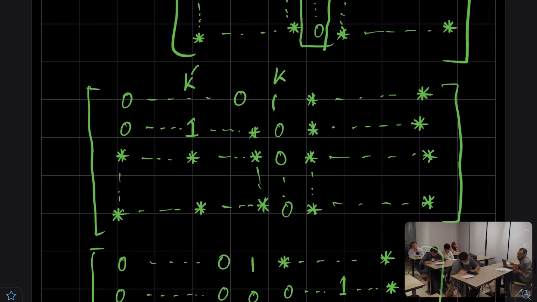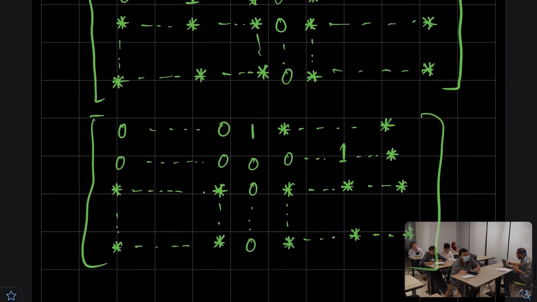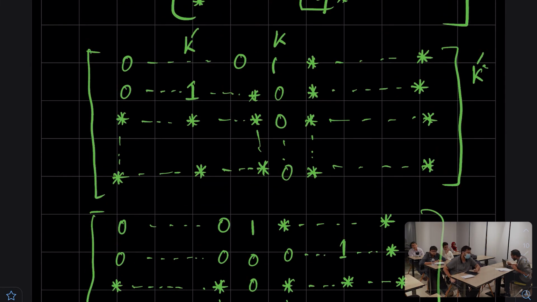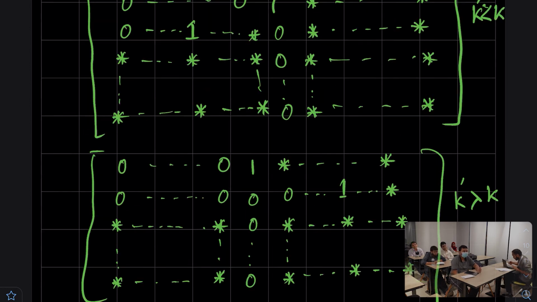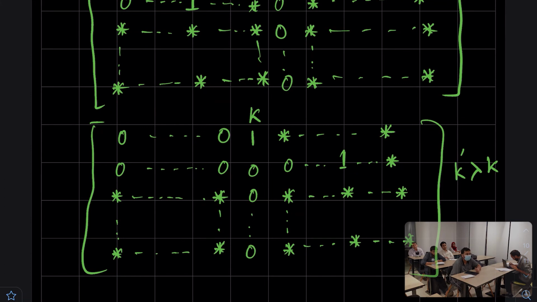So for this, k prime is less than k, and for this, k prime is less than k, and here k prime is greater than k, right? So denote the k in this matrix. Yeah, k, and this row is k prime, right? And applying this operation again and again, I will end up with the row reduced matrix, right?